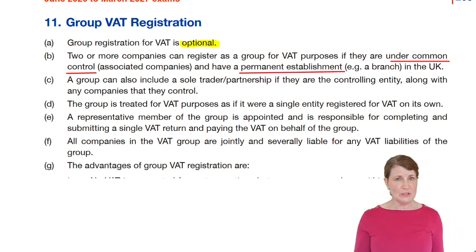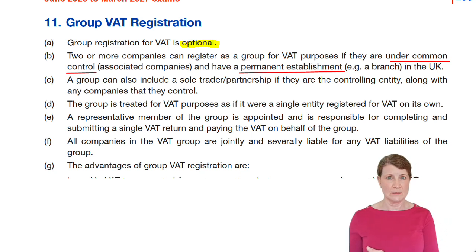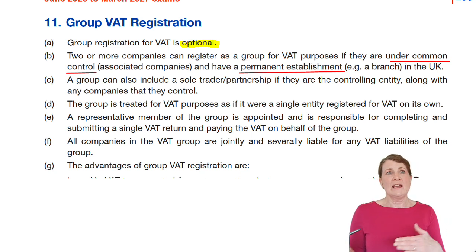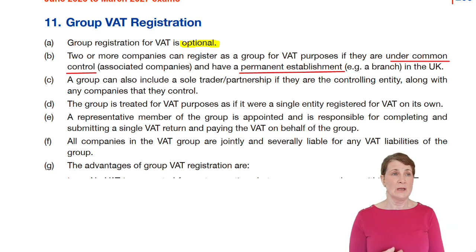Now, they don't have to be UK resident, so if you've got a company in the group that's overseas resident, as long as they've got a branch in the UK, which is the main example of a permanent establishment, then that branch can participate. That's fine. So we're looking at control and we're looking at a permanent establishment in the UK.